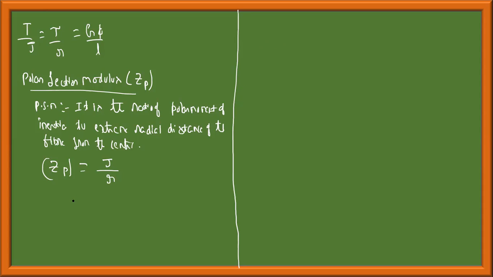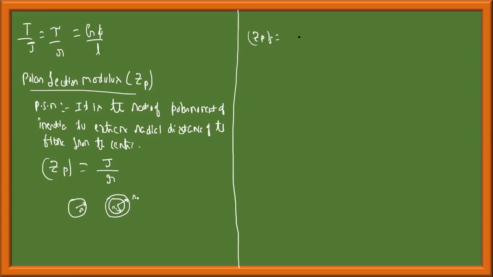If I consider a circular cross section, extreme radius from the center is R, whereas if I consider a hollow cylinder, the extreme radius I will call R naught, and the inner radius I will call Ri. Okay, let me write this.